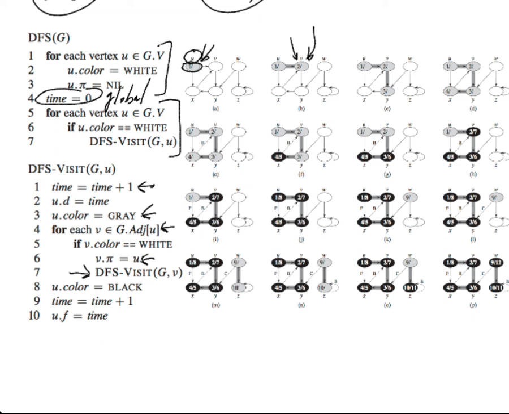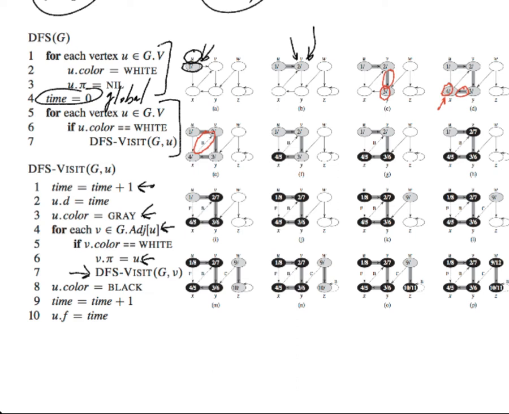We're going to visit its first edge in the adjacency list, set the time to 3 on that, and mark it gray. Then we make the recursive call, visit the first edge in the adjacency list, set it to gray, update the time, make the recursive call. Now, in this recursive call, we see we only have one outgoing edge, and that's to a node that has been processed before.